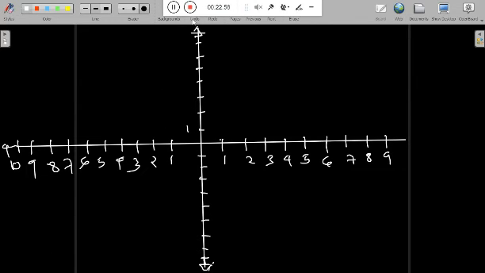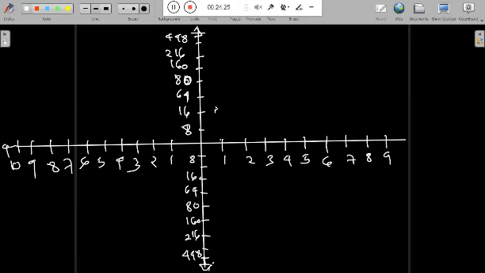Suppose we have the y-axis and the x-axis, with values 1, 2, 3, 4 along the x-axis, and on the y-axis 8, 16, 64, 80, 160 up to 448. This is the y-axis, and this is the x-axis.